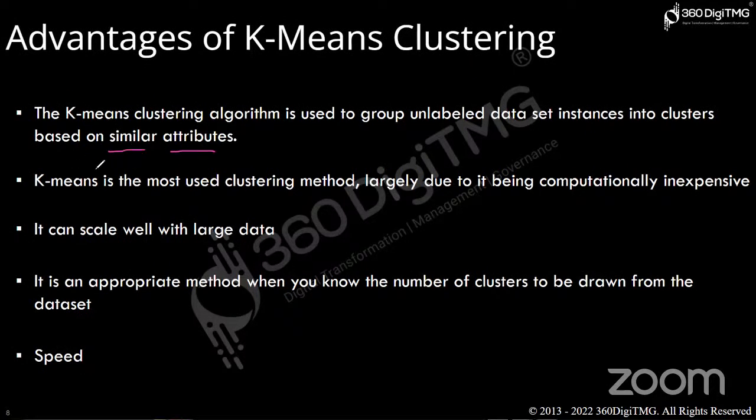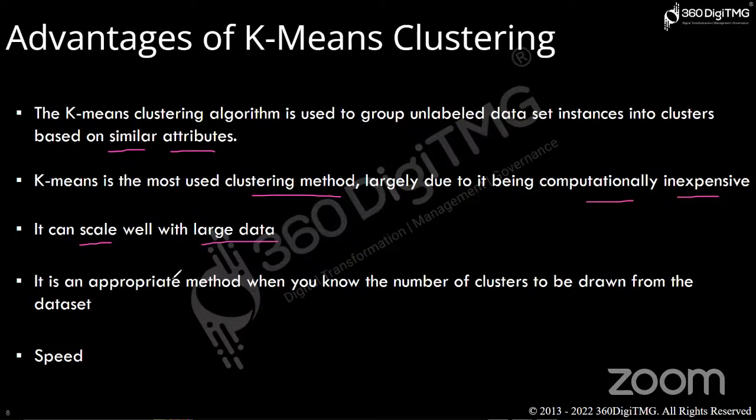It is the most used clustering method because it is computationally very inexpensive. It is a very fast method. It can also scale well with large amounts of data. K-means is the go-to algorithm for clustering.